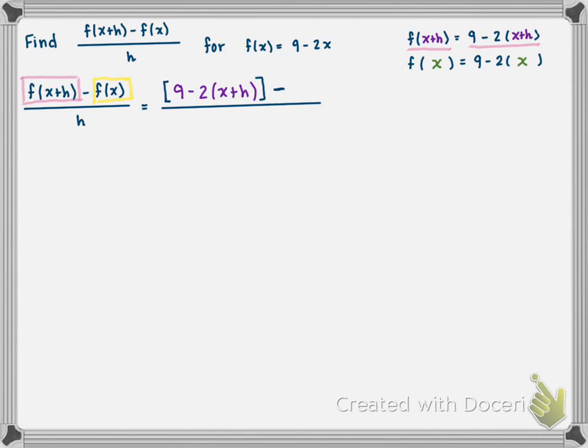And then f of x is equal to this. So where I see an f of x, I can replace the symbol f of x with 9 minus 2x. And then it's all over h.